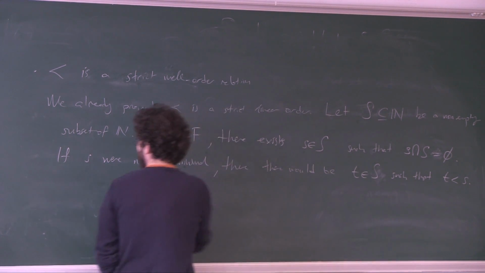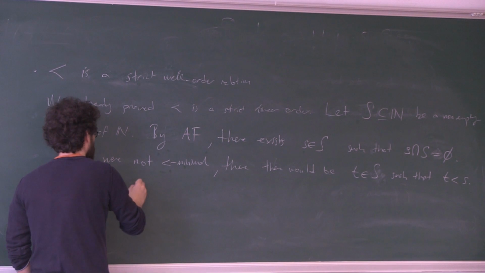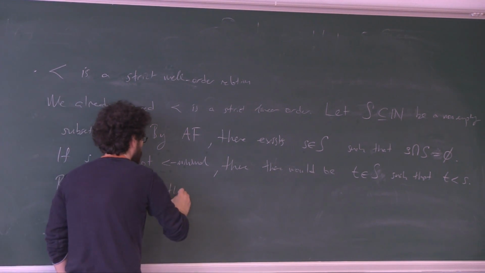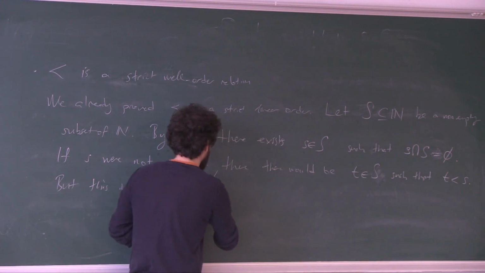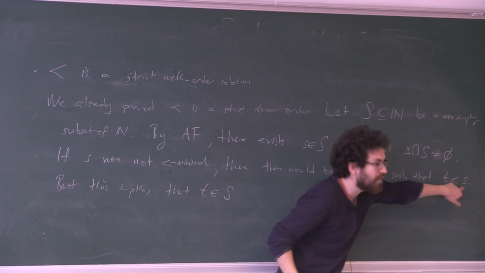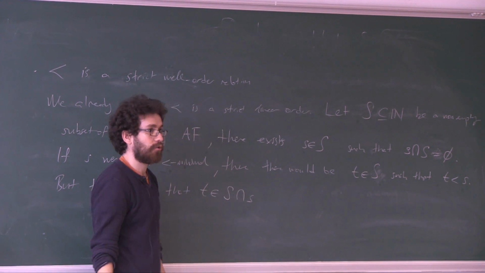What does this mean? This implies that T is a member of big S and T is a member of small s. So it's in the intersection, which is a contradiction.